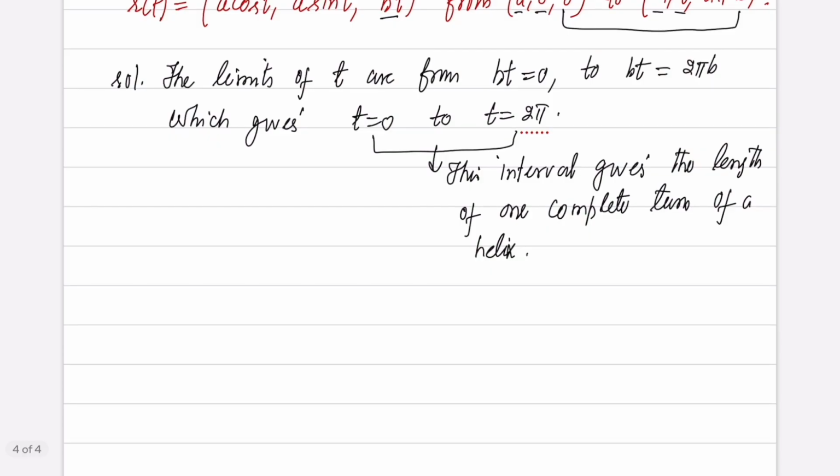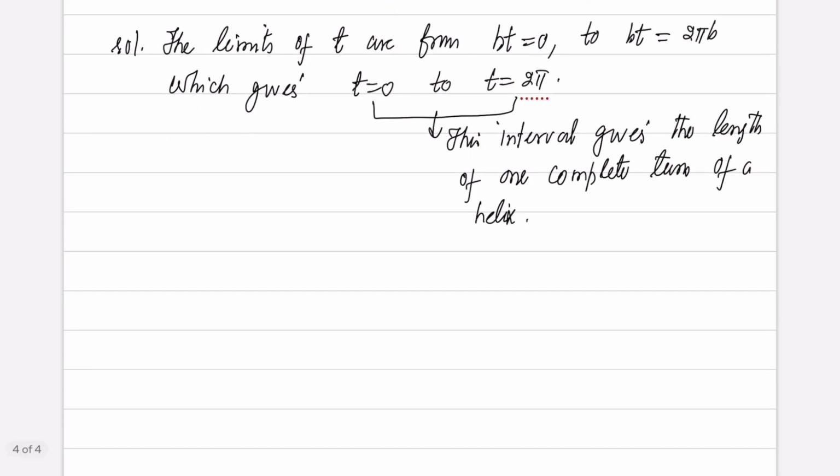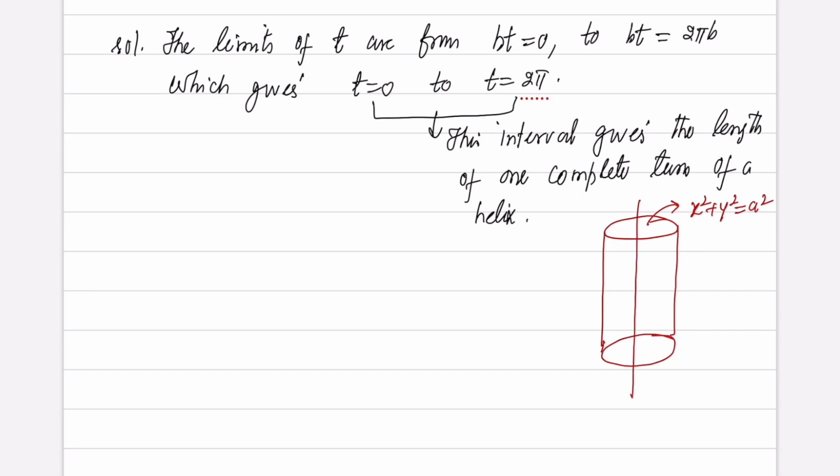In fact, a circular helix means a helix which is drawn on a right circular cylinder. To understand this more nicely, we can draw it like this. Let this be the right circular cylinder. This circle has the equation x square plus y square is equal to a square, and this vertical axis is the z-axis.